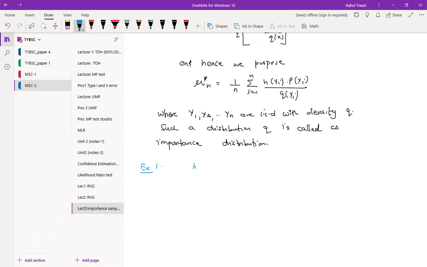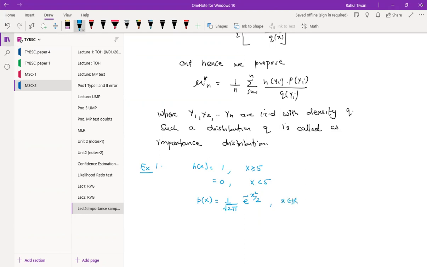Suppose I have the function h of x equal to 1 when x is greater than or equal to 5, and equal to 0 when x is less than 5. My p of x is the standard normal, 1 upon root 2 pi e raised to minus x square upon 2. You can also write it as f of x, it doesn't matter. The range is x belonging to the real numbers.